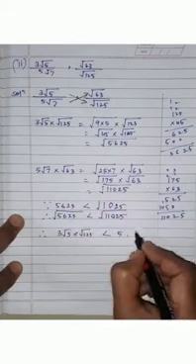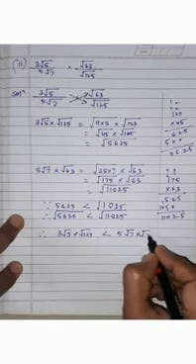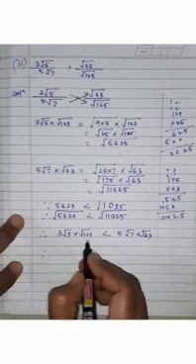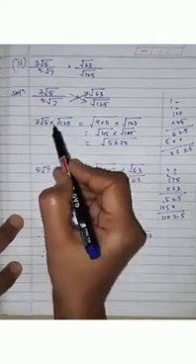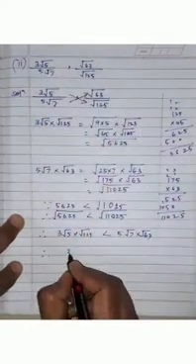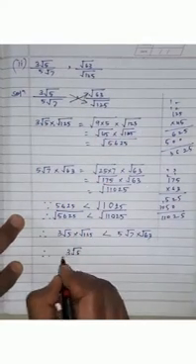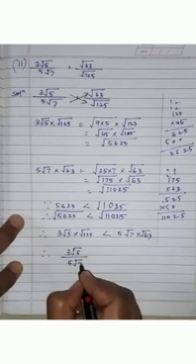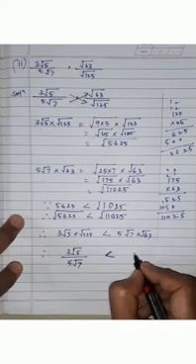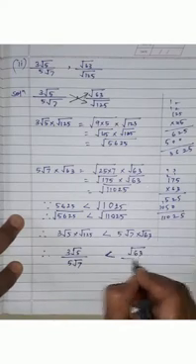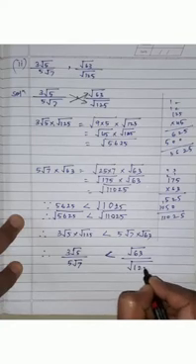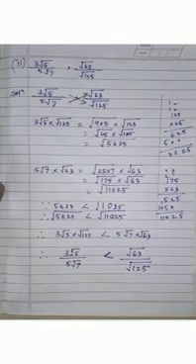It has come from 5 root 7 multiplied by root 63. So therefore now write the original value. So that is 3 root 5 upon 5 root 7 is less than root 63 upon root 125. Is that clear children?